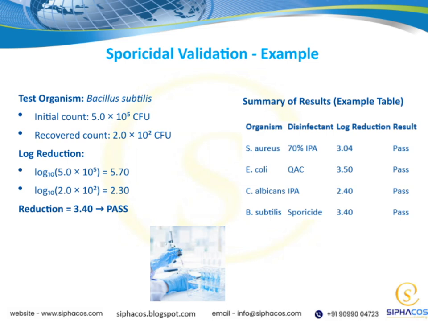Since a log reduction of 3 or more is typically considered a pass in sterilization validation, this result confirms that our process was effective in reducing the bacterial count significantly. So, in summary, this example demonstrates a successful sporicidal validation, with a clear reduction in spores that meets our standards. This kind of data is crucial for proving that our sterilization process works reliably.